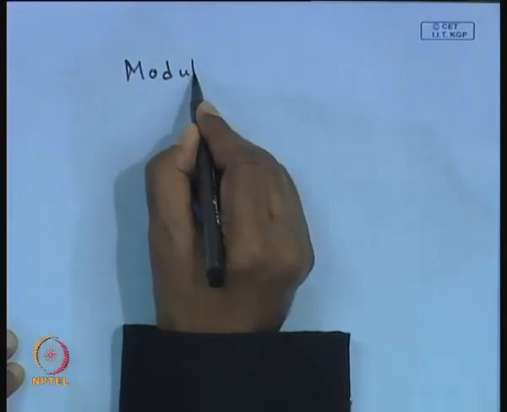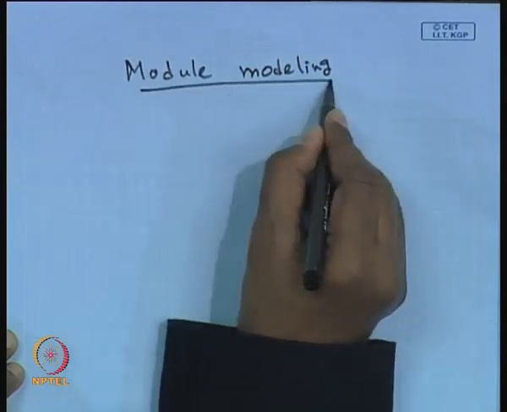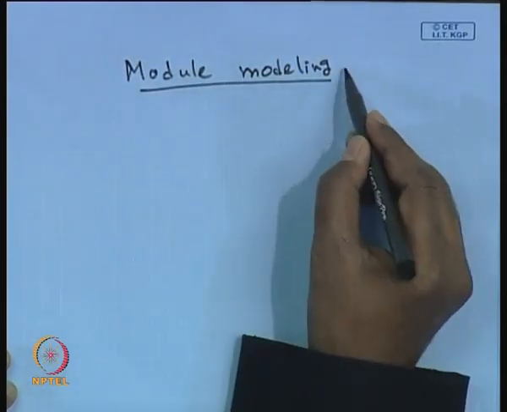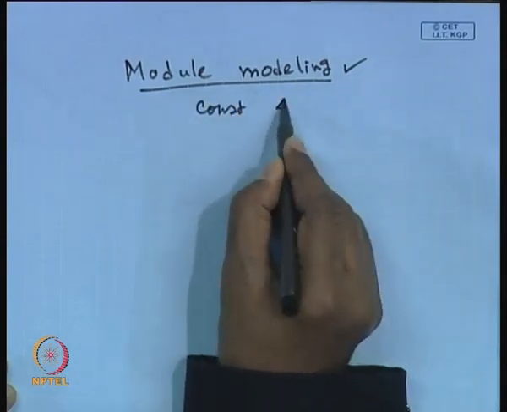So, those who were not present in the last class, again I will emphasize why this module modeling becomes very important. If you remember, in the earlier classes we never talked about module modeling; we talked about constant delta P, constant transmembrane pressure drop.